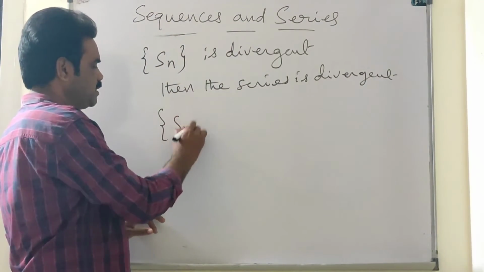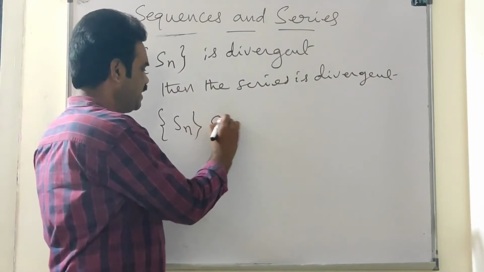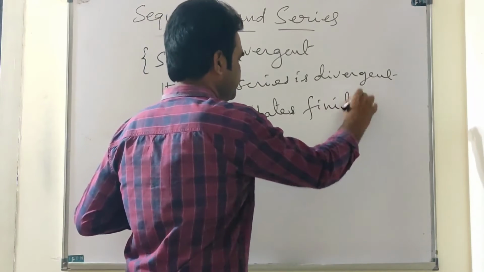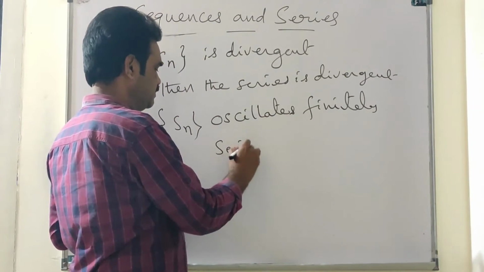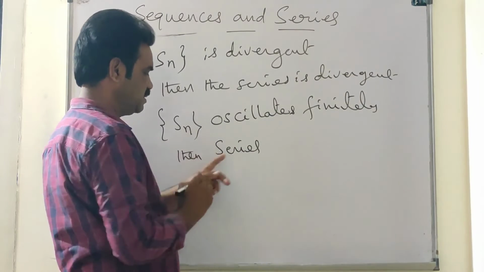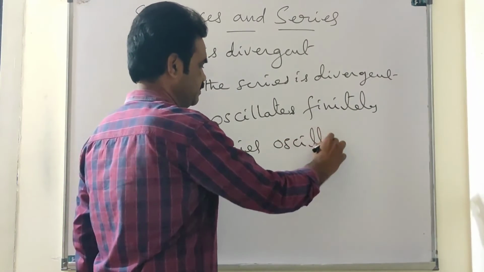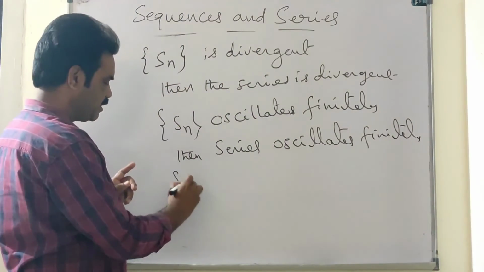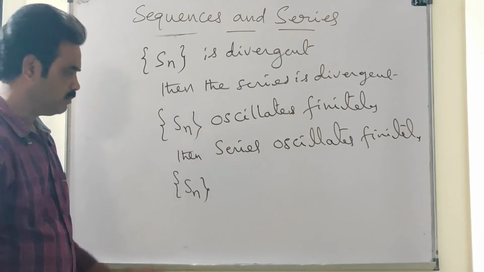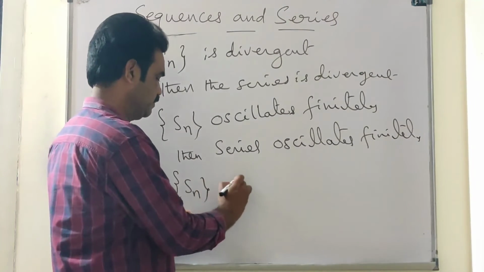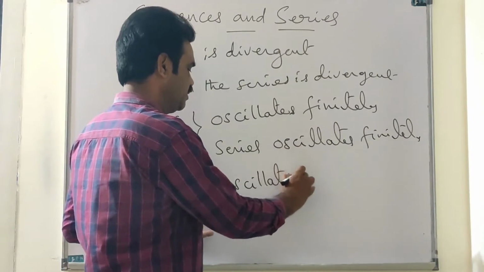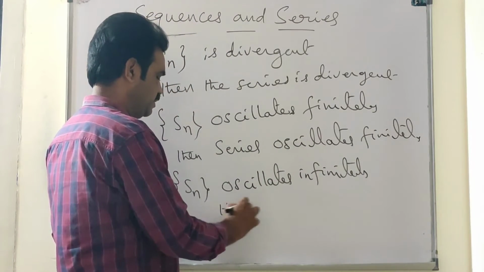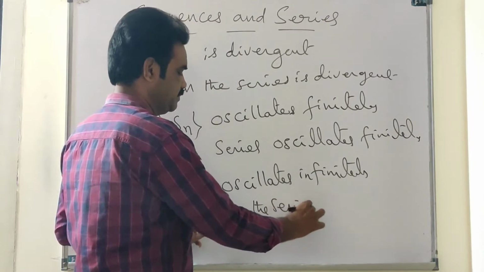If the sequence of partial sums Sn oscillates finitely, then the series oscillates finitely. If the sequence of partial sums oscillates infinitely, then the series oscillates infinitely.